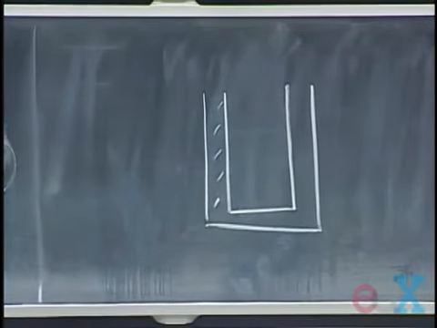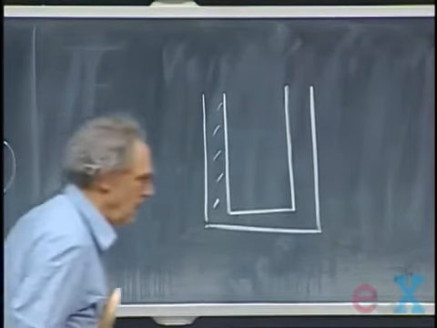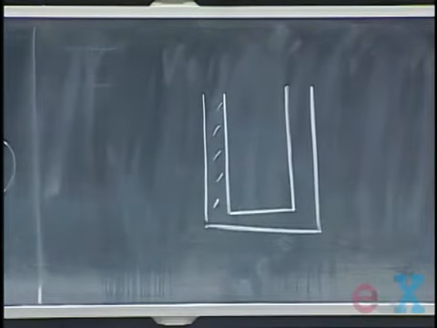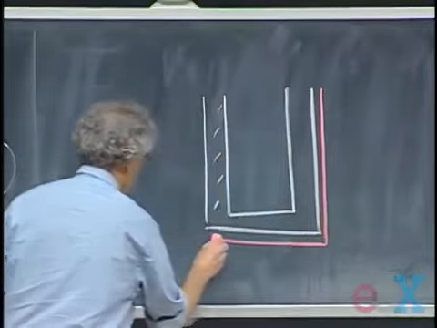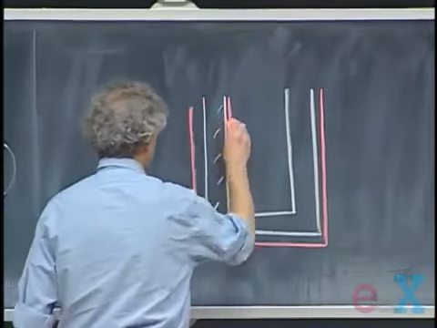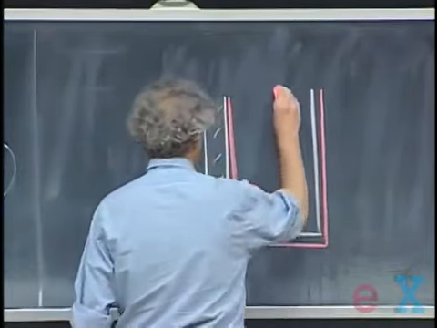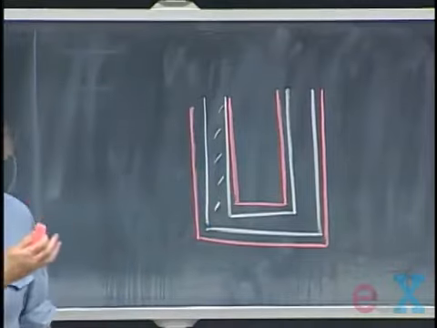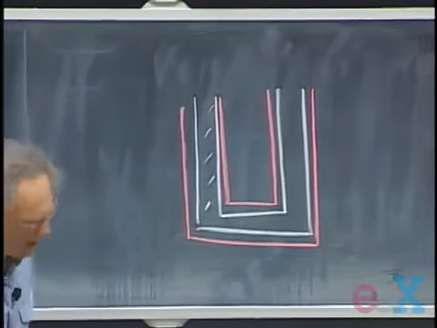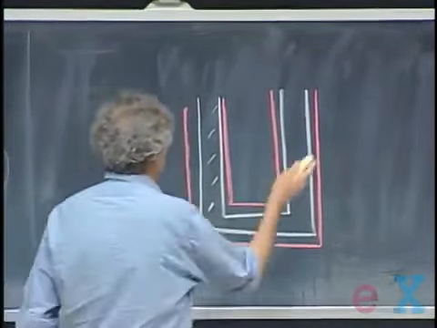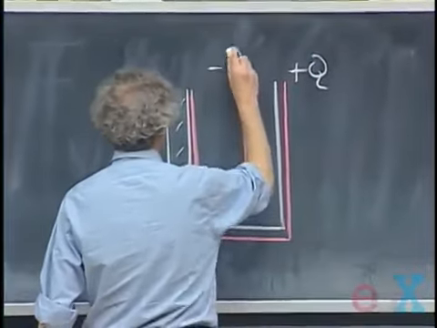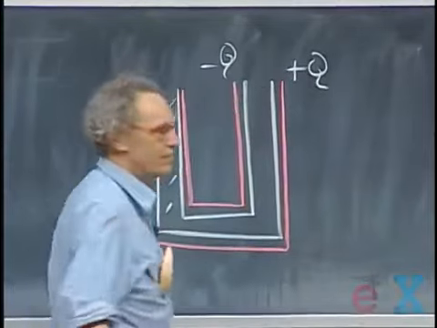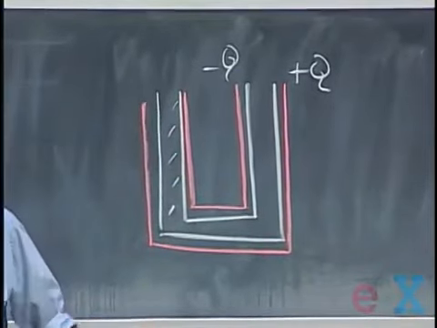And outside the insulator he has a conducting beaker, and there's a conducting beaker inside. That's a capacitor, although he didn't call it a capacitor. And so he charged these up, and you can have plus charge here and minus Q on the inside. And he did experiments with that.